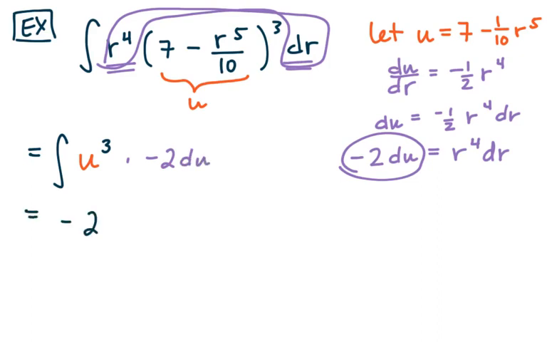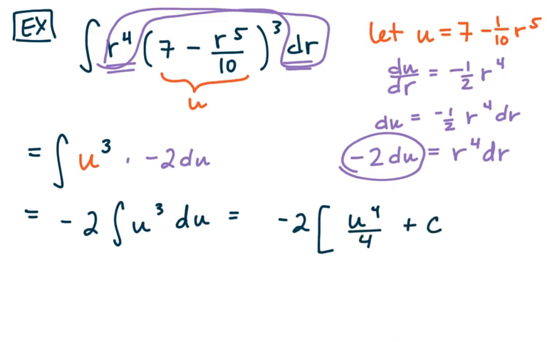So this is negative 2 times the integral of u cubed du. That's very easy for us to integrate. That becomes negative 2 u to the 4th over 4 plus c. Distribute that negative 2, and I have negative 1/2 u to the 4th plus c.